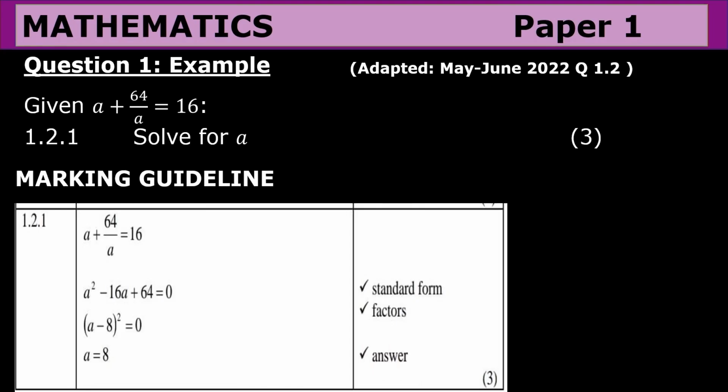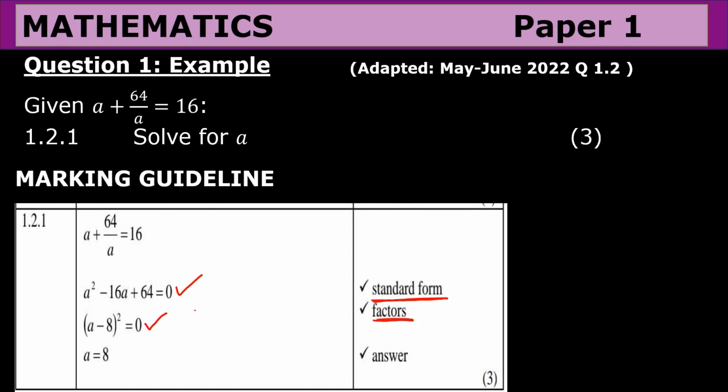Now the next question there says, given a plus 64 divided by a is equals to 16. Then we have the first sub-question there. It says solve for a. Now, as we can see, they've written down the equation there, but you start by getting marks for putting it in standard form. So there we will get the 1 mark for putting that equation in standard form, and we will get the next mark for factorizing there, or for those factors.